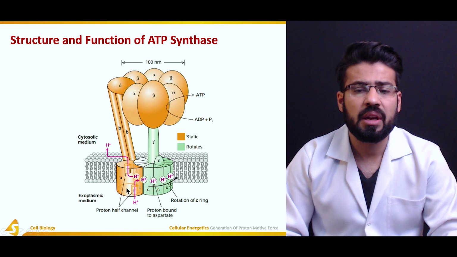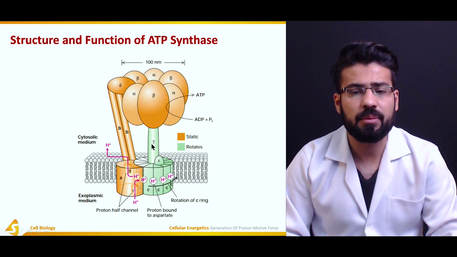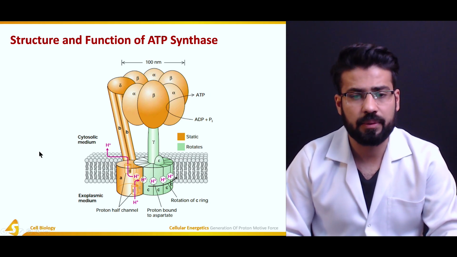The F1 portion contains 3 alpha subunits and 3 beta subunits, along with the gamma subunit and epsilon subunit as well.